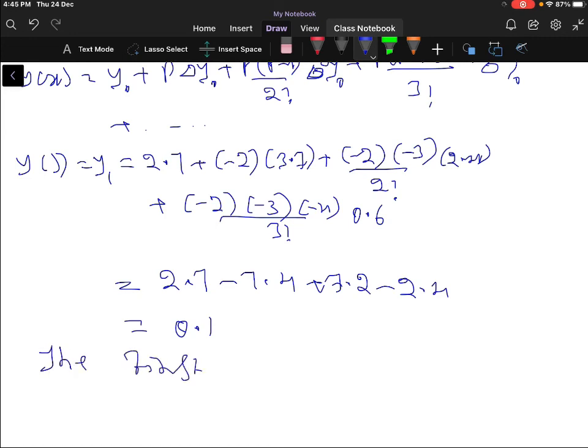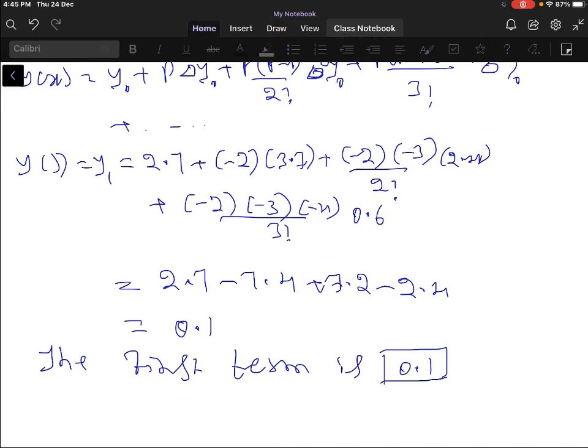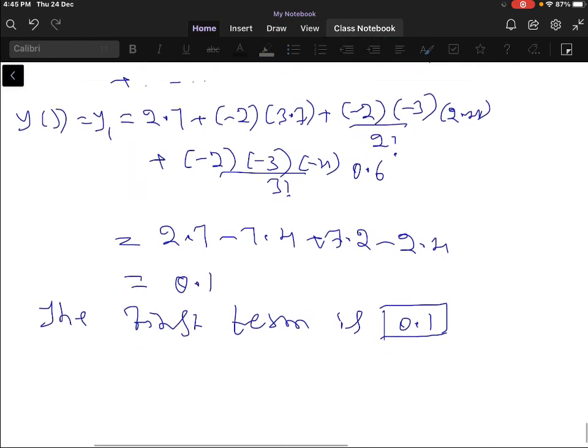So this is equal to 0.1. It means y at x equal to 1 is 0.1.